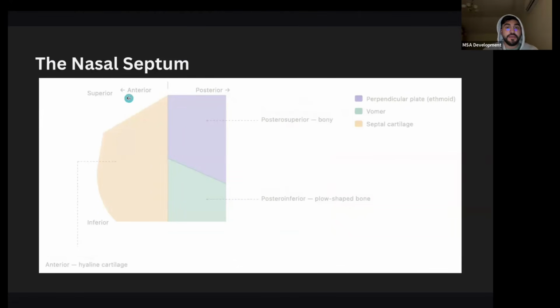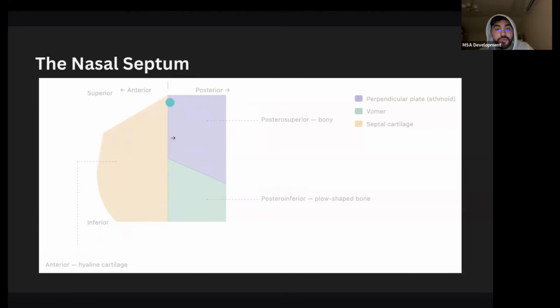Now, the nasal septum itself, right, is divided into the cartilaginous part and the bony part, right? So this is your anterior, this is your posterior, and the anterior part is majorly made of hyaline cartilage, as you can see. And then posteriorly, all right, you'll have the bony parts.